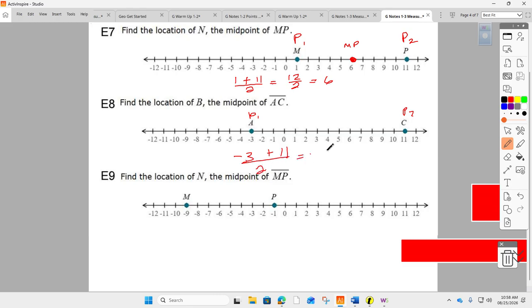So 8 divided by 2 is 4. So now we know that is the midpoint. Let's box that so when you're reading your notes, you'll know that that is the answer.